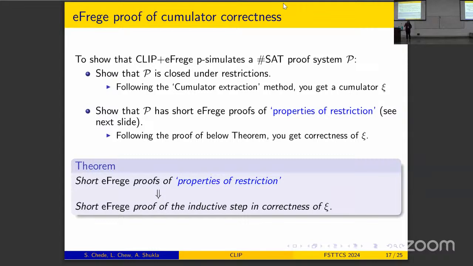So we actually have to prove that properties of restriction actually hold in this system. That is, we formalize the properties as two statements and then have their EFG proofs, and then we give a theorem to translate it to the clip statement proof in EFG.